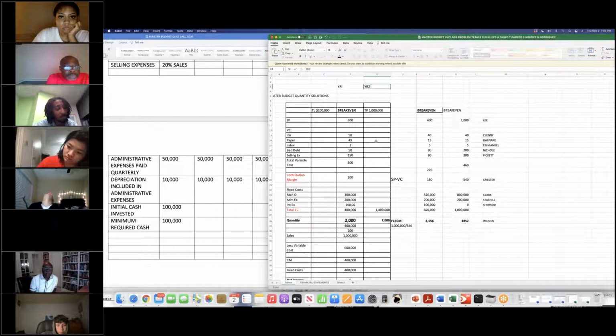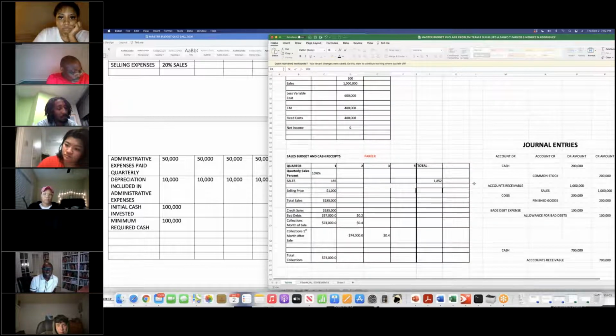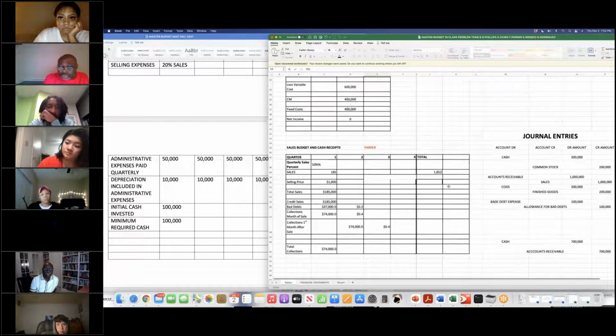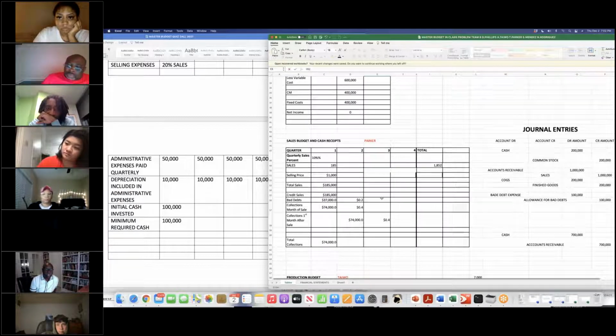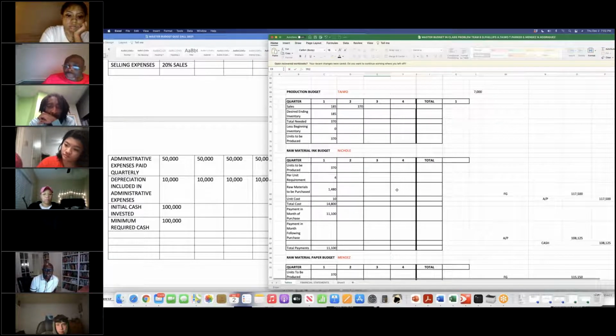Now, if you run the year, you can see not much changing. And then if you got your formulas in here correct, once you change that quantity for the second year, it should run through this pretty easily. Then you change this quantity. None of this other stuff changes. The only thing changing is the quantity.